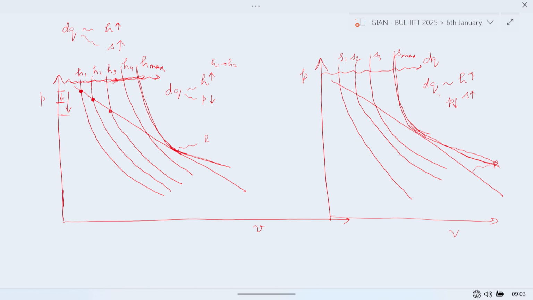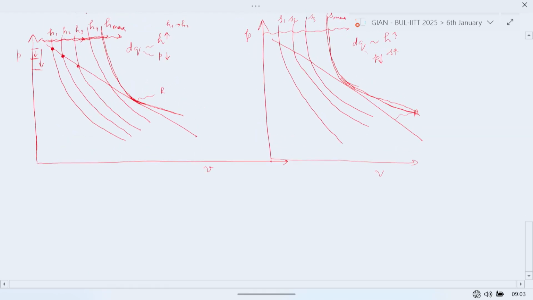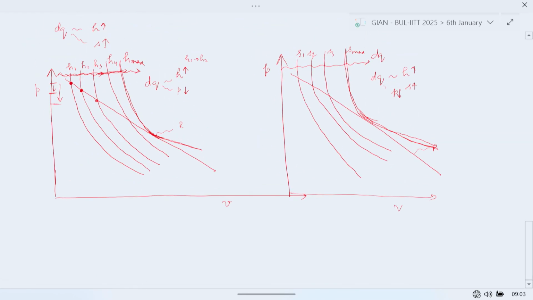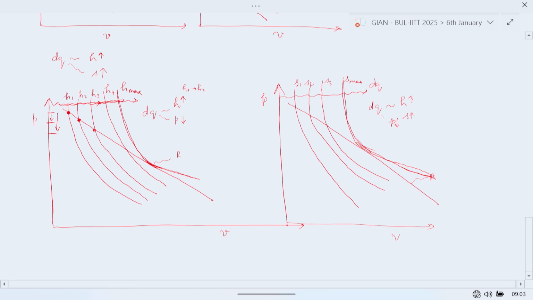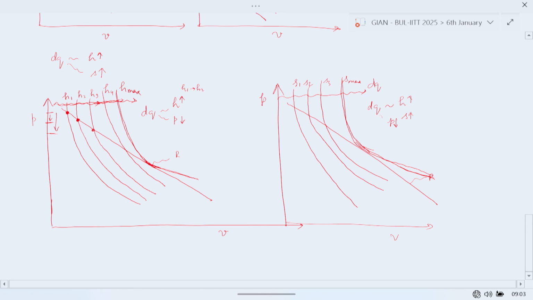Now we have to make use of this knowledge, and then we'll try and plot these effects on an enthalpy entropy diagram of a combustor.